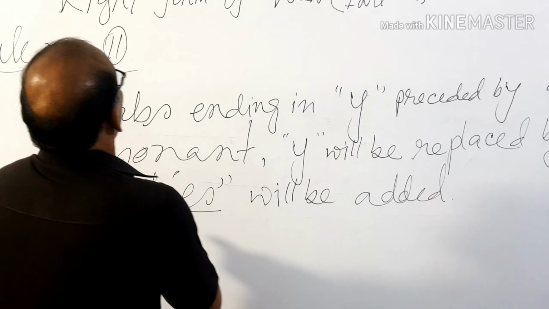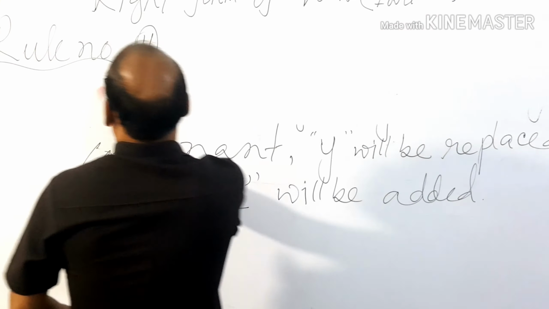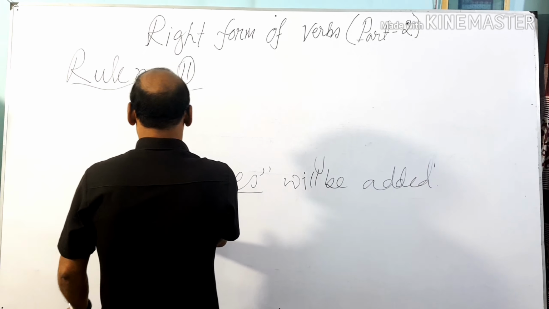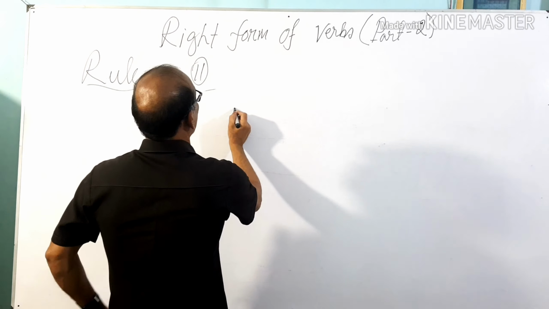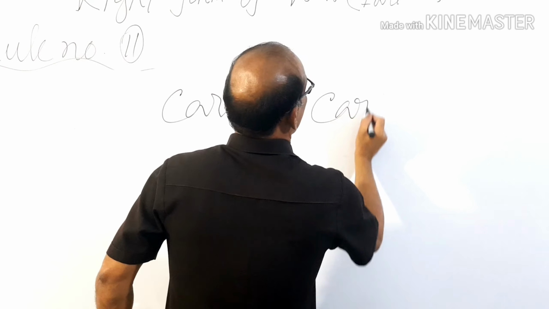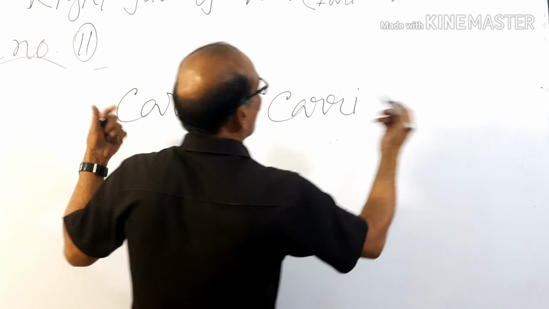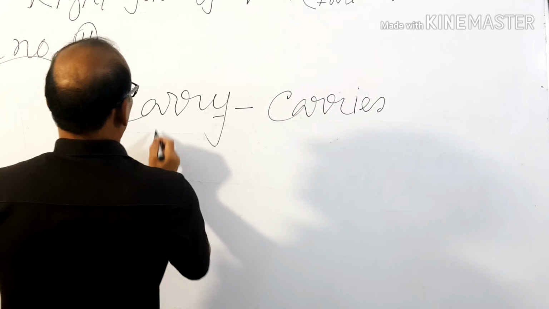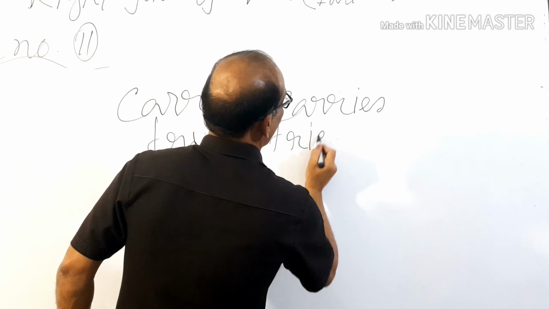So this, and let me give you some verbs. One thing you will have to follow: Y preceded by a consonant, not vowel. Suppose carry. Here Y will be replaced by I, then es. Try, tries.